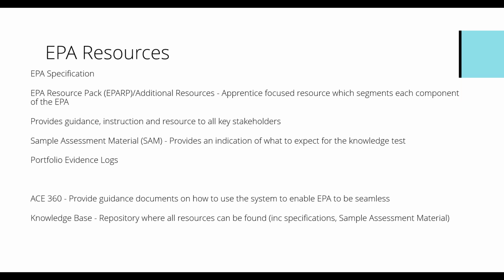So there is sample assessment material, which will provide an indication of what to expect from the knowledge test, and there are portfolio evidence logs. ACE 360 will provide guidance and documents on how to use the system to enable that EPA process. And from a knowledge-based point of view, that's where all of the resources can be found, everything from sample assessments and grading criteria and specifications.